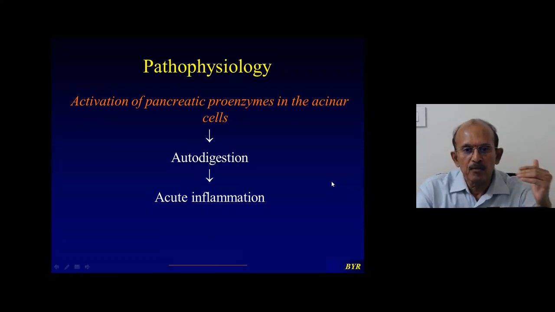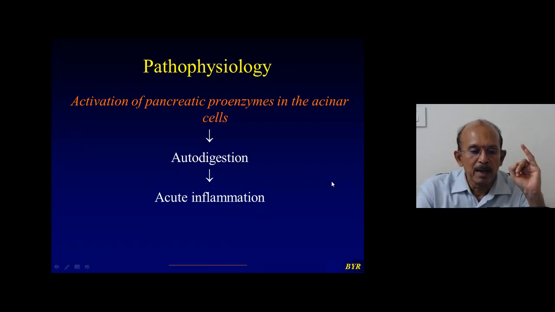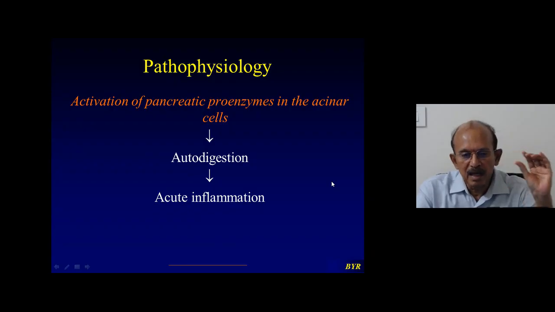Along with the fluid, there will be passage of the cells, white cells and monocytes, into the tissues. So there will be leakage and there is vasodilatation. So in the pancreas also, the vessels are dilated and there will be exudation of fluid. Along with that, there is necrosis and rupture of the acinar cells because of digestion.